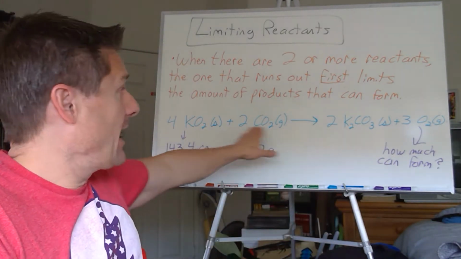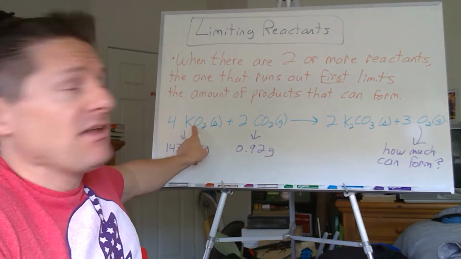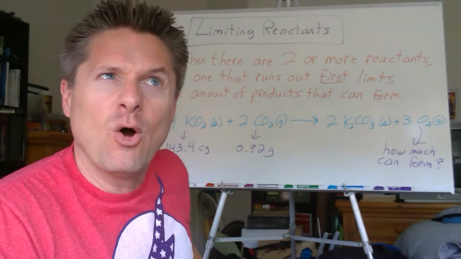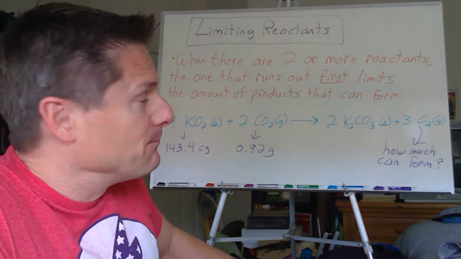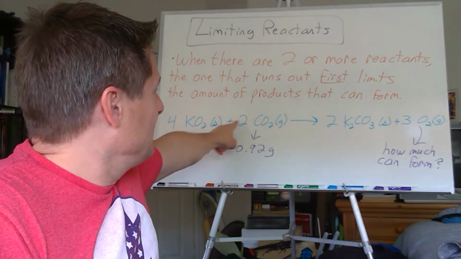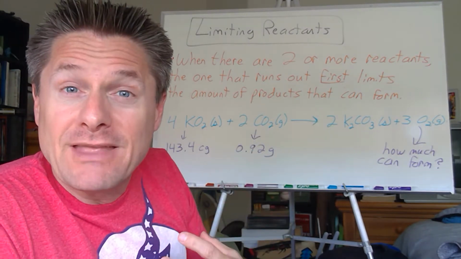For example, let's say we've got a reaction like this. This is probably something you haven't seen. That's potassium superoxide, probably a polyatomic ion, O2 with a -1 charge, and some carbon dioxide. I've seen people use this to extract carbon dioxide out of the air.